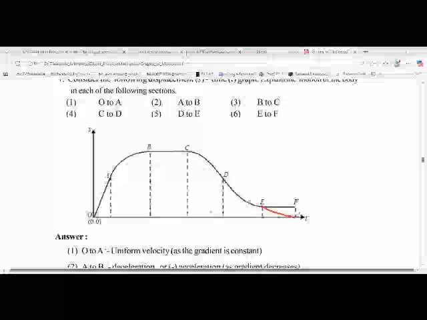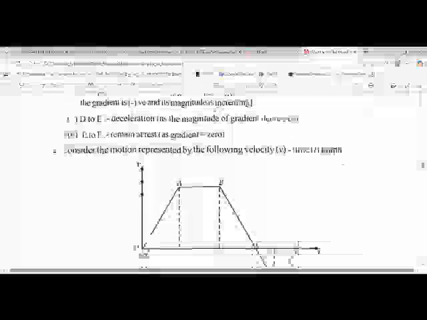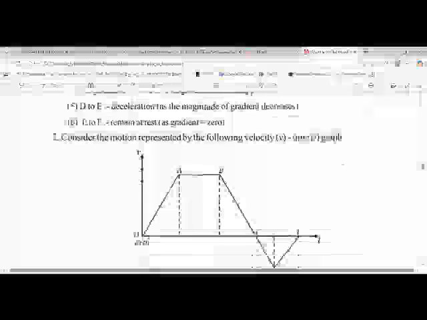But in this case, it is not coming to the initial point. Here you can check your answer. Then next one, consider the motion represented by the following velocity time graph.